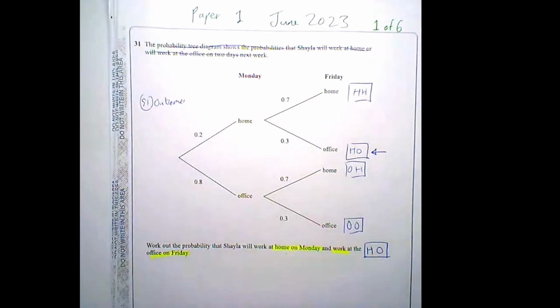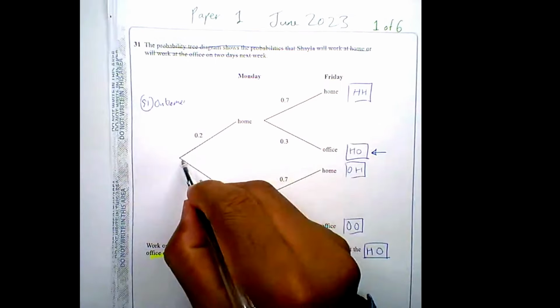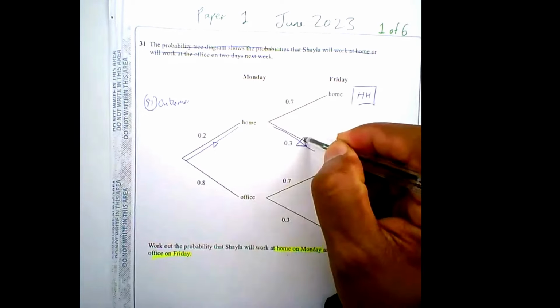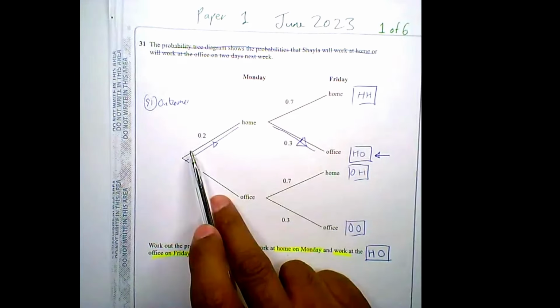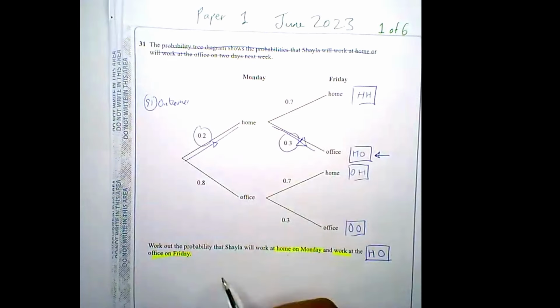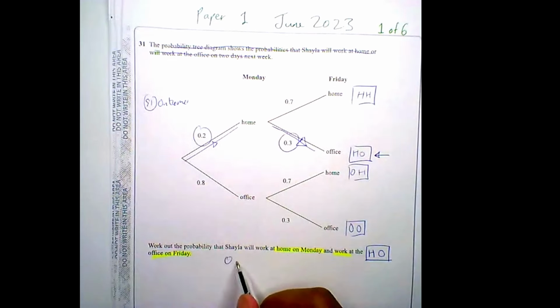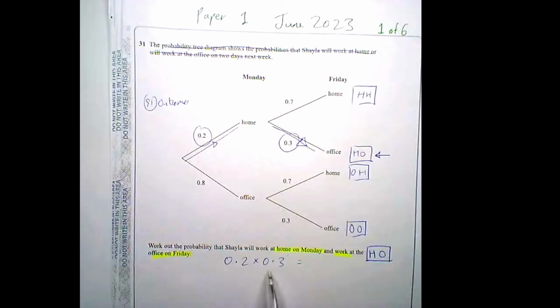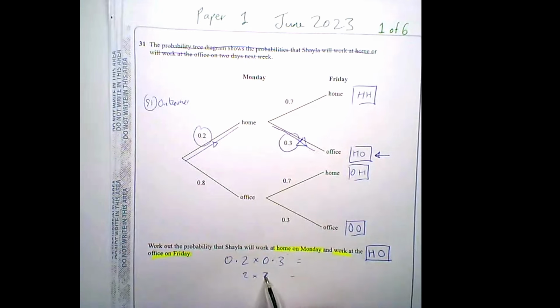So what I need to do is multiply. I'm going along this one and along this one here, so I'm multiplying these two together. It's 0.2 times 0.3. I'm working with decimals here, so I'm going to ignore the decimals and just do 2 times 3, which gives me 6.